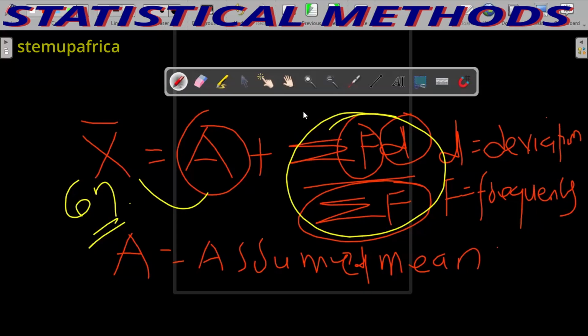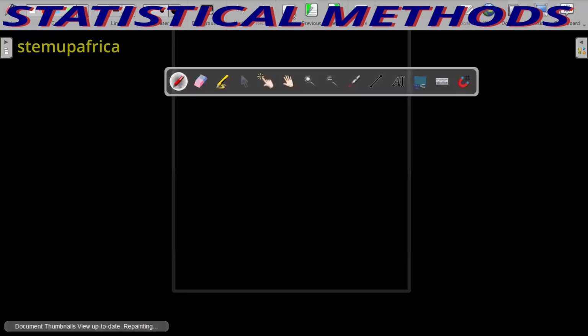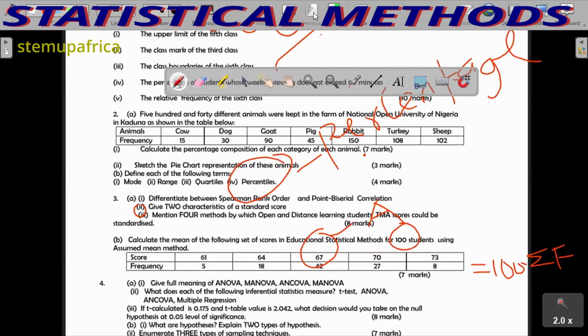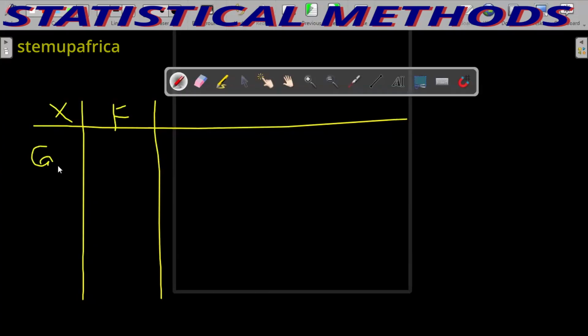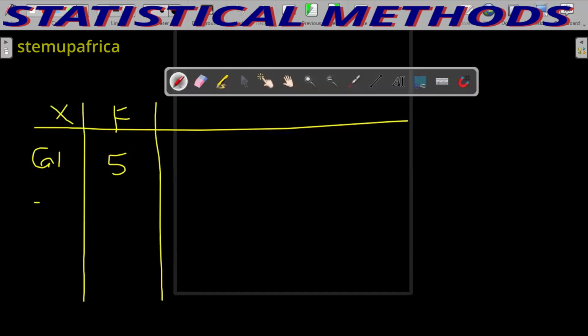So let's draw a table for it, for the score and frequency. The score is your X, then the F is your frequency. What is the first score there? It is 61, frequency is 5. Next, we have 64, frequency is 8.